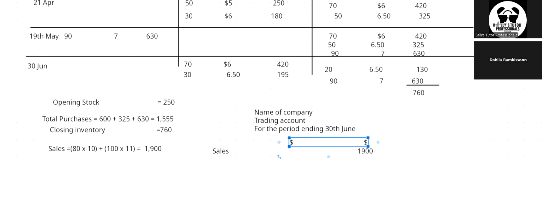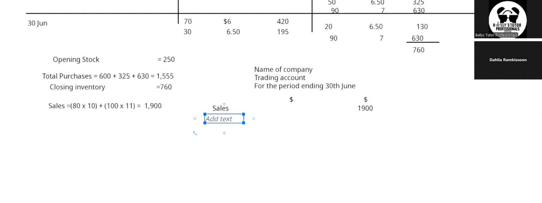So that's cost of goods sold, opening stock. That will be the 250.